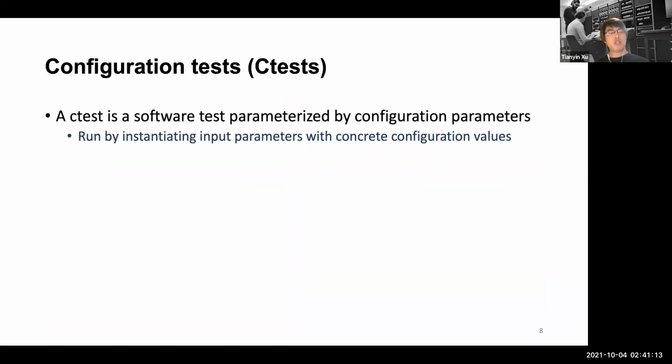At this point, we present a new type of test we call C-test, which stands for configuration tests. Essentially, a configuration test is a software test parameterized by configuration parameters, run by instantiating the input configuration parameters with concrete configuration values, essentially the values you are going to deploy.